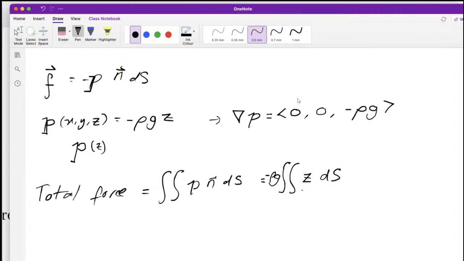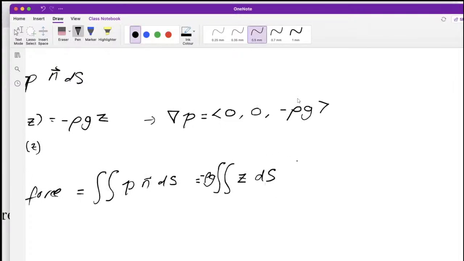I'm just going to keep it this way so that you can compare when we do it in a different way. So this is the first form of that integral, in terms of a surface integral.